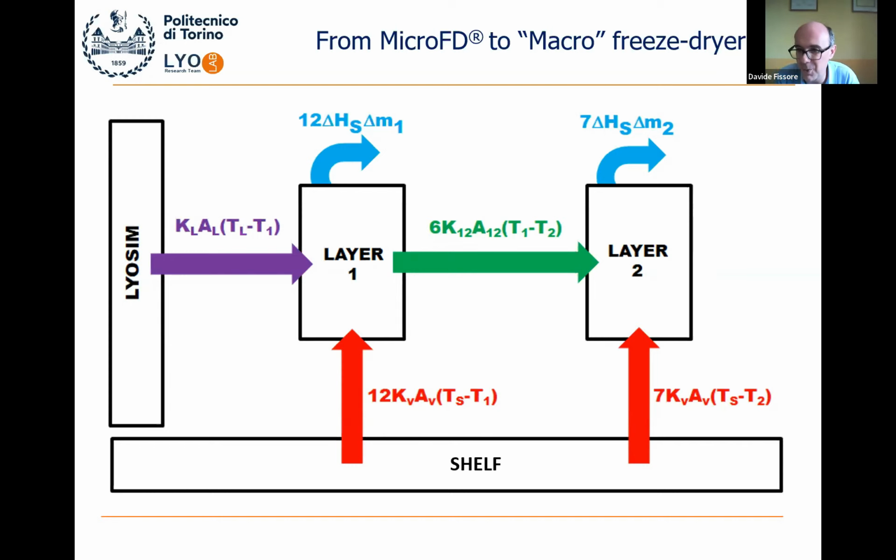TL is obviously known as the temperature of glycine. So I have a series of variables that are measured, and I may use these measured variables to estimate the value of KV, K12, and KL.